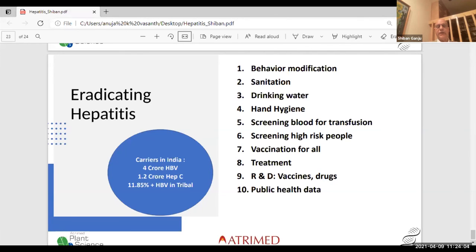But that needs an aware population, an aware clinical system, aware doctors, and of course, an aware government that can work in tandem with each other to eradicate this disease. Theoretically, this disease can be eradicated with good effort in 10 to 15 years.